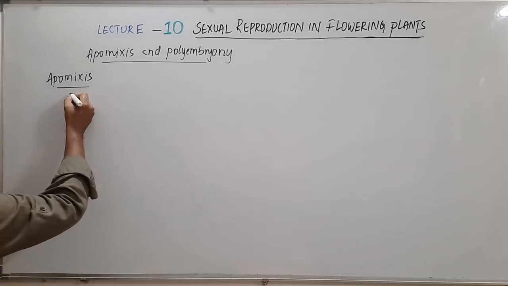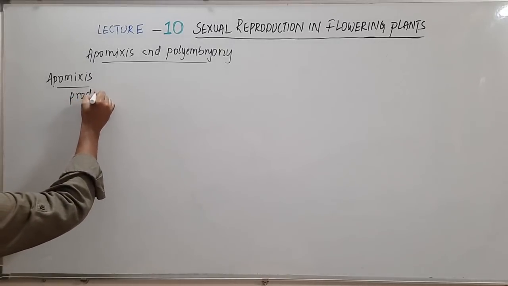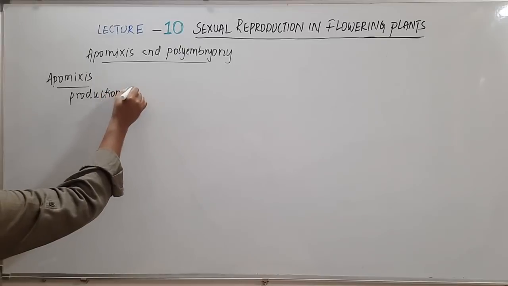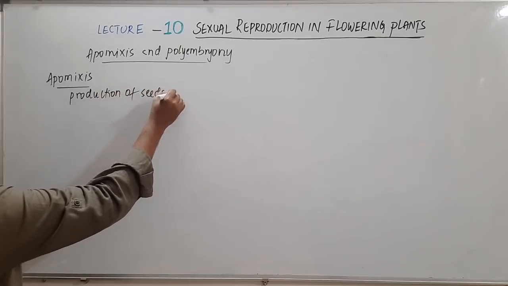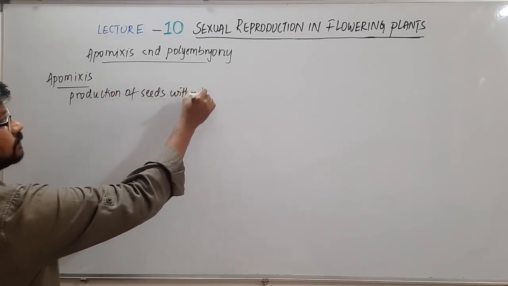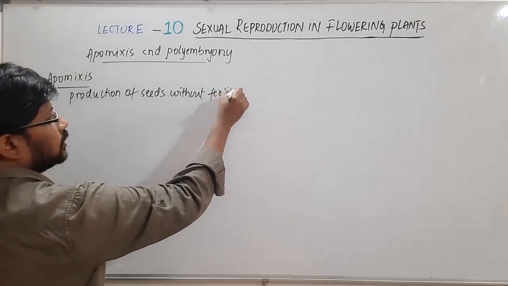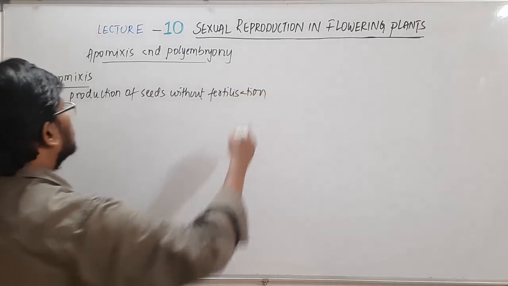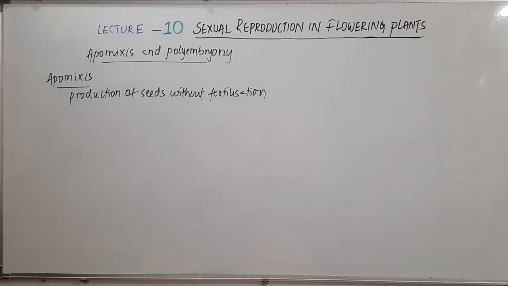How do we define it? It is simply the production of seeds without fertilization. Production of seeds without fertilization is what we call apomixis.